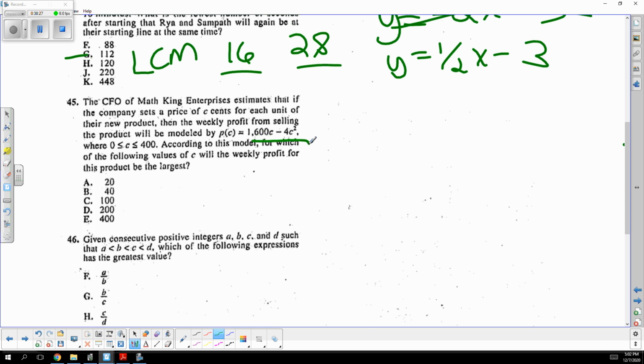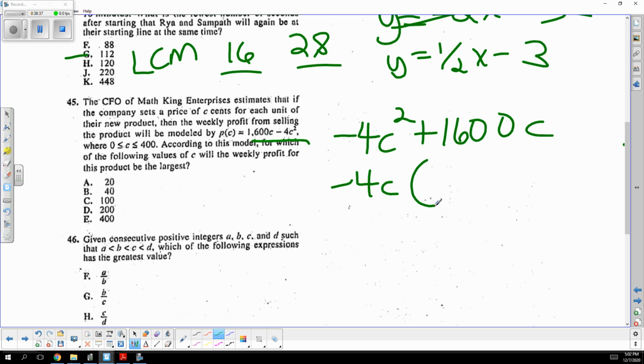How about taking the two zeros? It's the point in between. So it would be -4, c minus 400. So the highest point will be the middle.